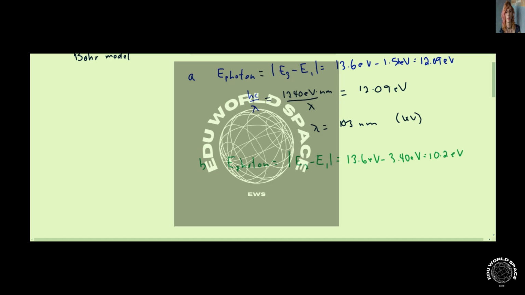And likewise, we can find the wavelength. Okay, and solve for the wavelength. Another ultraviolet wavelength.